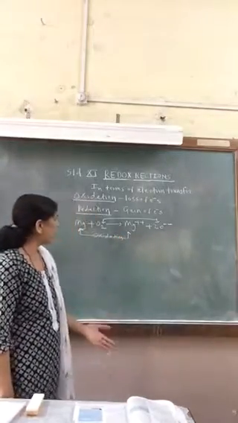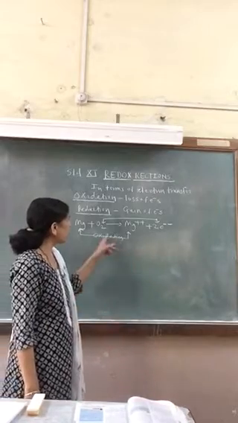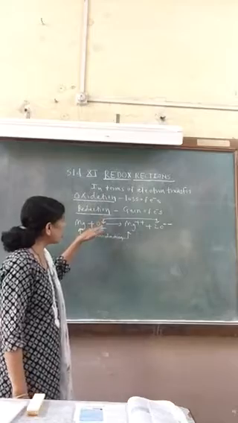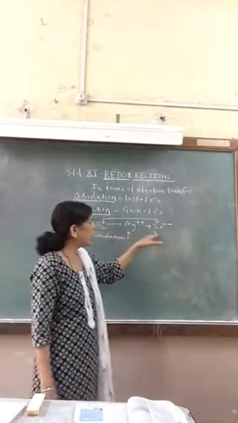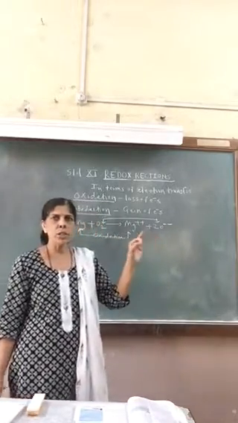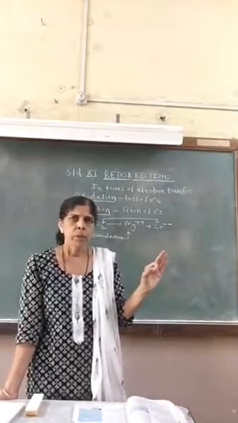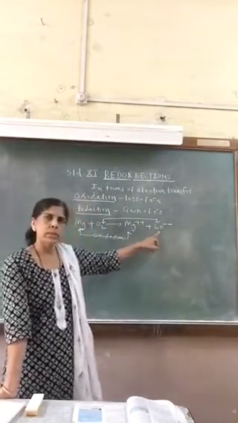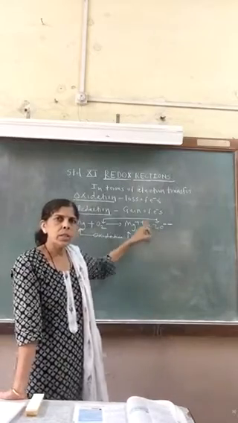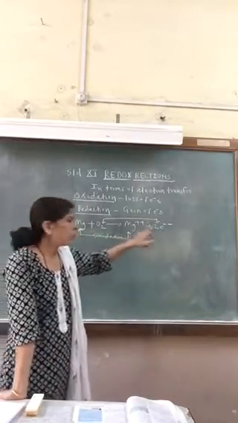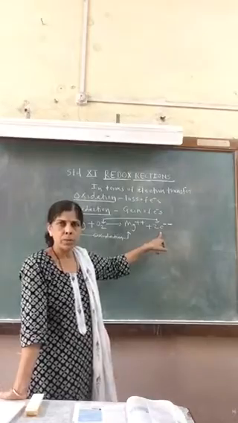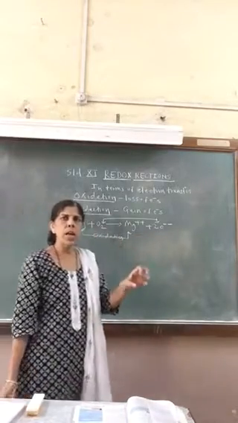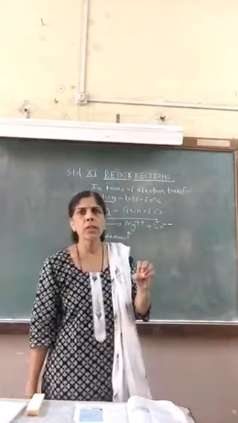Okay. At the same time, oxygen, if you will observe, neutral oxygen molecule is converted into negatively charged species. Oxygen has 2 negative charges. So it is converted from neutral species to a species having negative charge. That means in this reaction, oxygen has accepted negative charge.